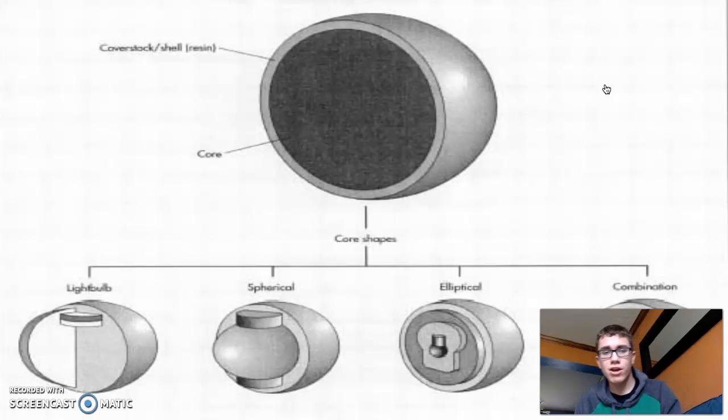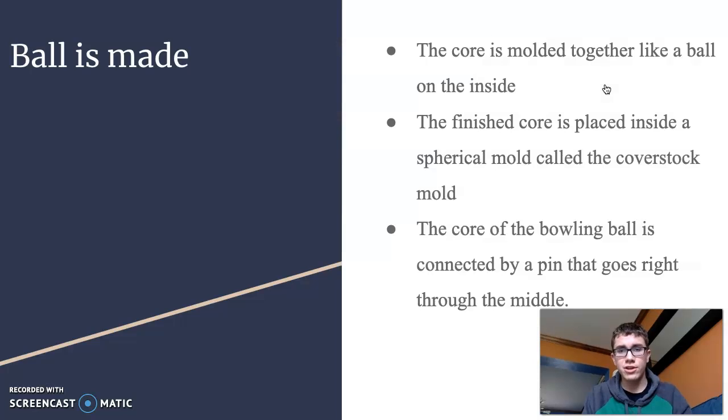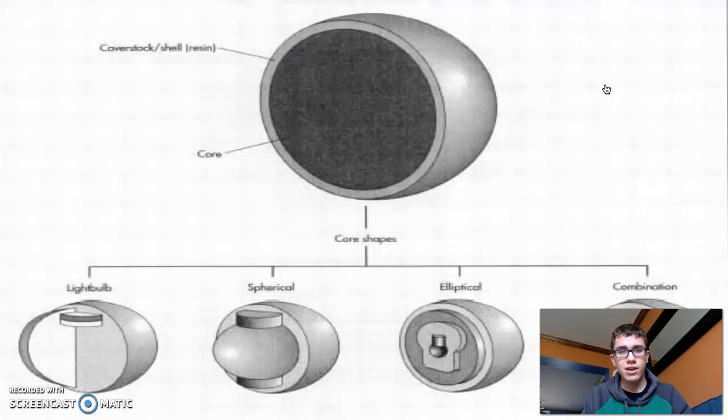So the light bulb is a different center, like a pin. You can see where the pin goes down through the middle of the ball. And the different ones are light bulb, spherical, elliptical, and a combination of all of them.